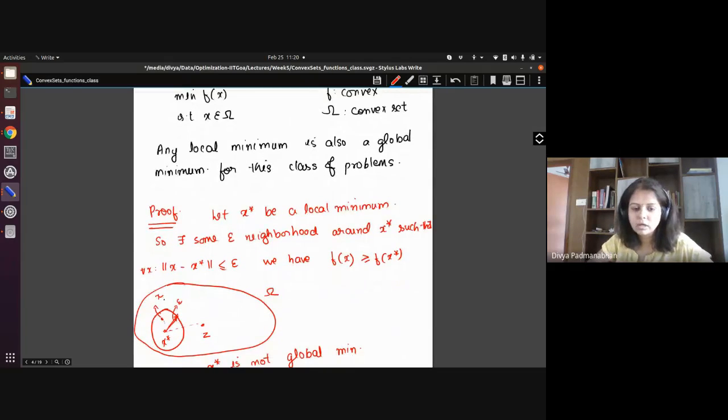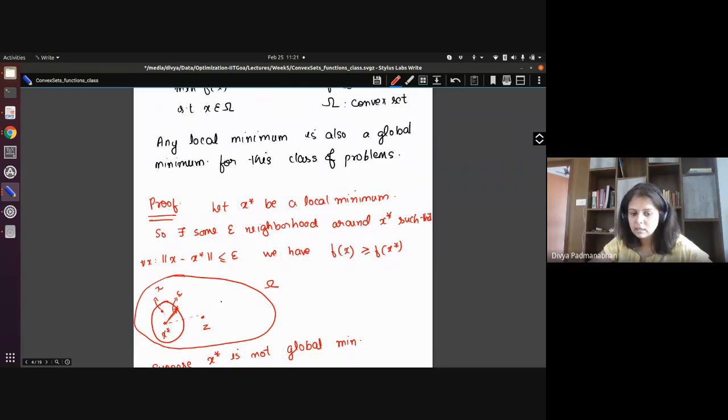It's a proof by contradiction. Suppose x star is a local minimum. What it means is that you have a neighborhood around it, such that in this neighborhood x star has the lowest value among every other point. But globally it's not the minimum.